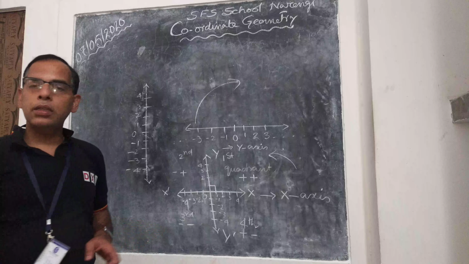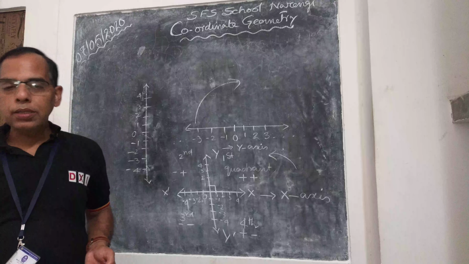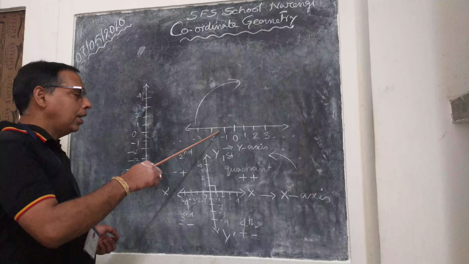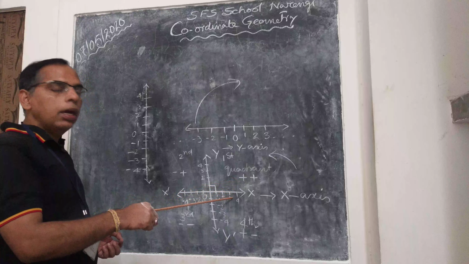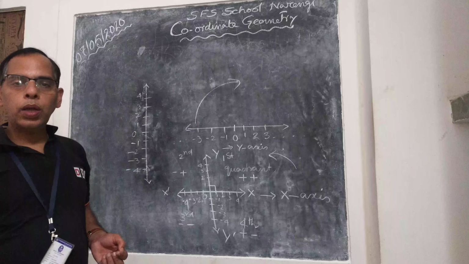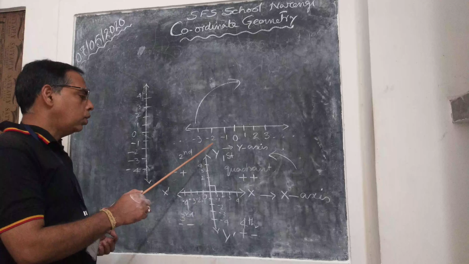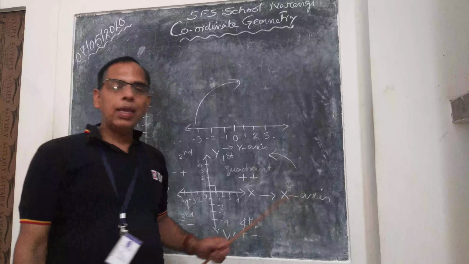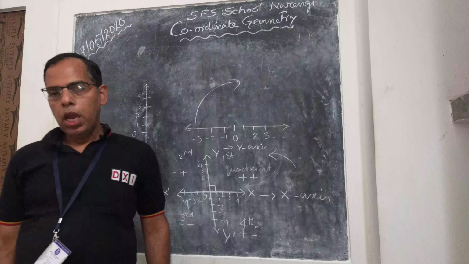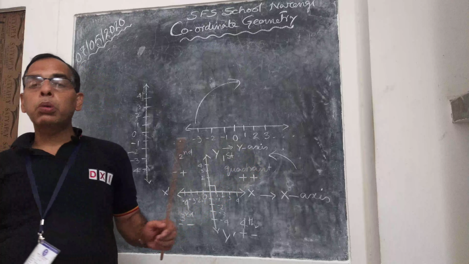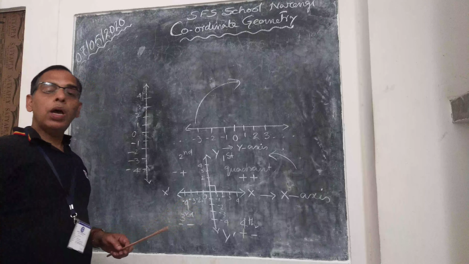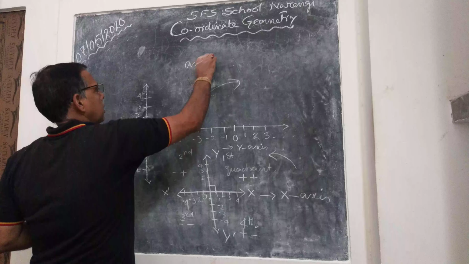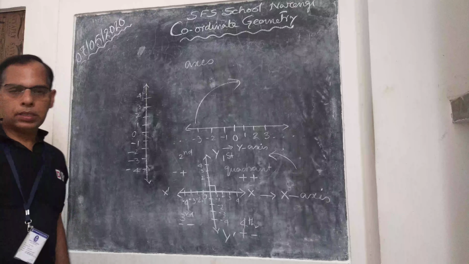They will intersect each other at a point, and that point is known as the origin of the two axes. Here it is the number line, here it is the axis: x or x dash axis and y or y dash axis. Axis is the singular form, and if you use both together, meaning the x and y axes, what will be the spelling? A-x-e-s, axes.